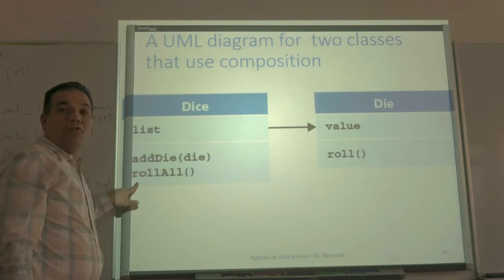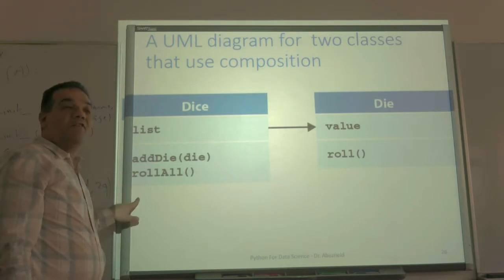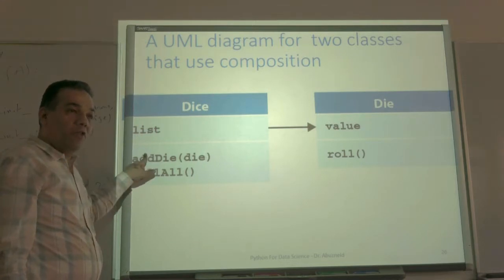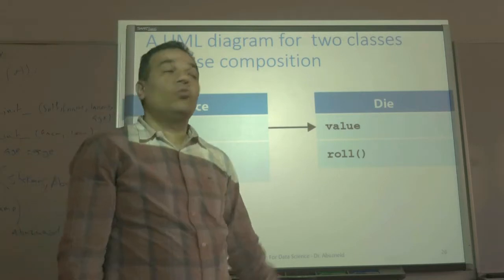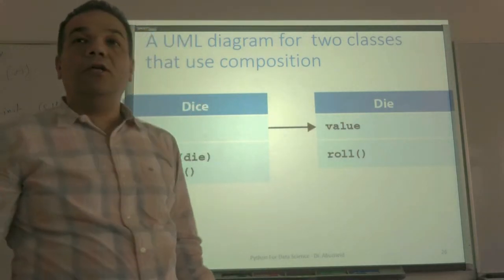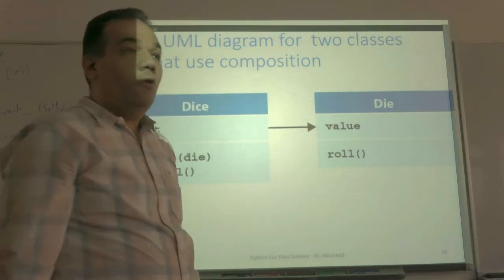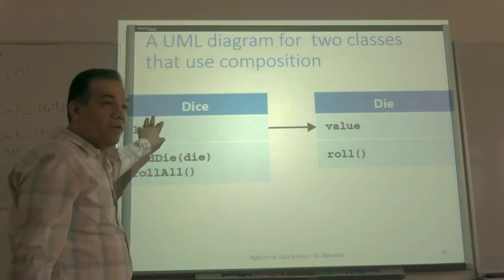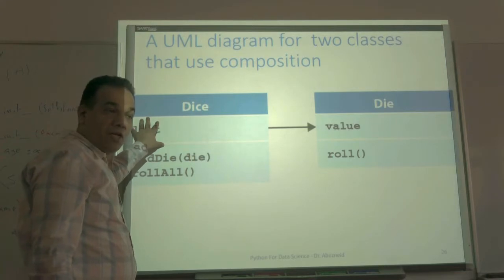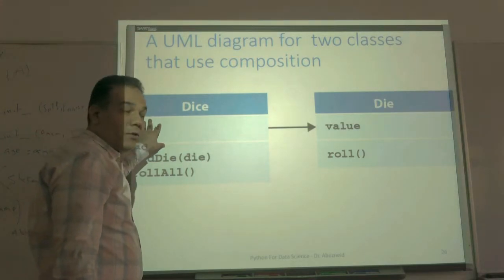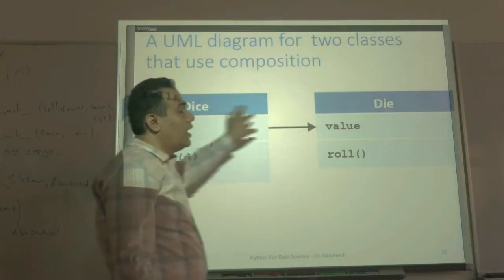And then roll them all. I could add a function to add them up after I roll the values. So what is this example trying to tell you? That you could have a class which is built of other classes.